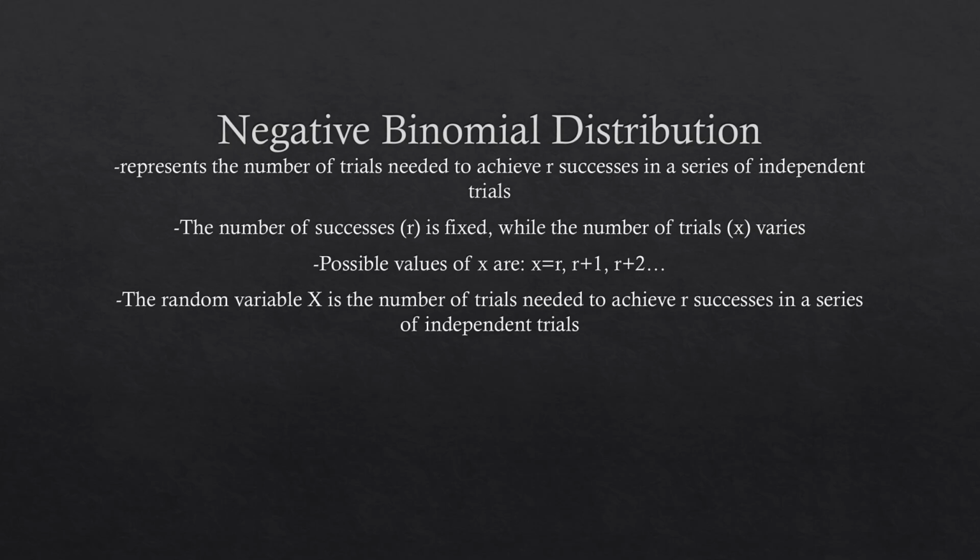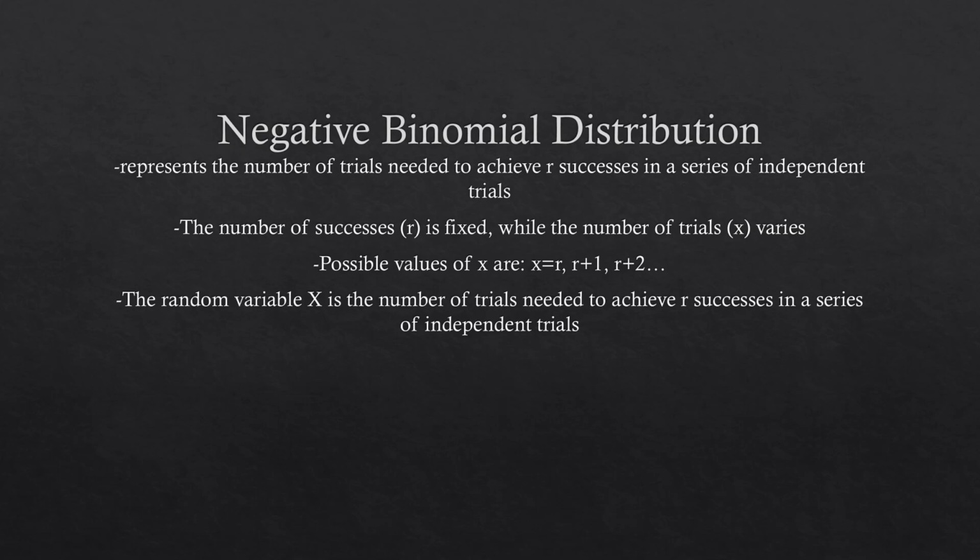And finally, we have our negative binomial distribution. This is the same thing as the geometric distribution we just did, but instead of our successes being fixed at 1, it's going to be our number of successes, again in a series of independent trials. So this means that we're just looking for when our number of successes happens at trial x. On our last question, we were trying to find our success to occur on our third trial.